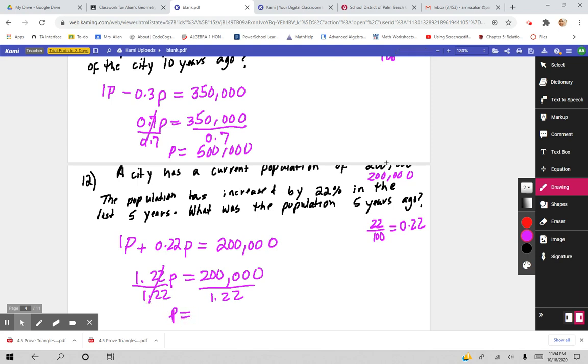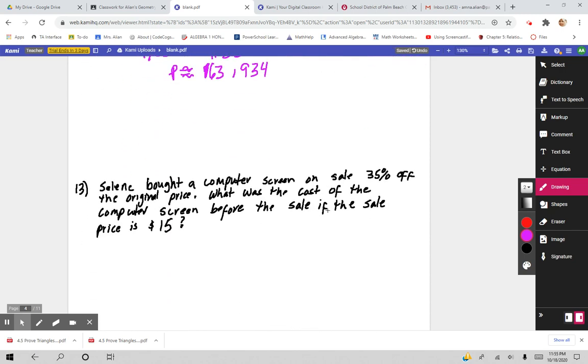And we'll just divide. So this gives us 163,934 approximately. So it gives us approximately this population. All right, let's keep going.